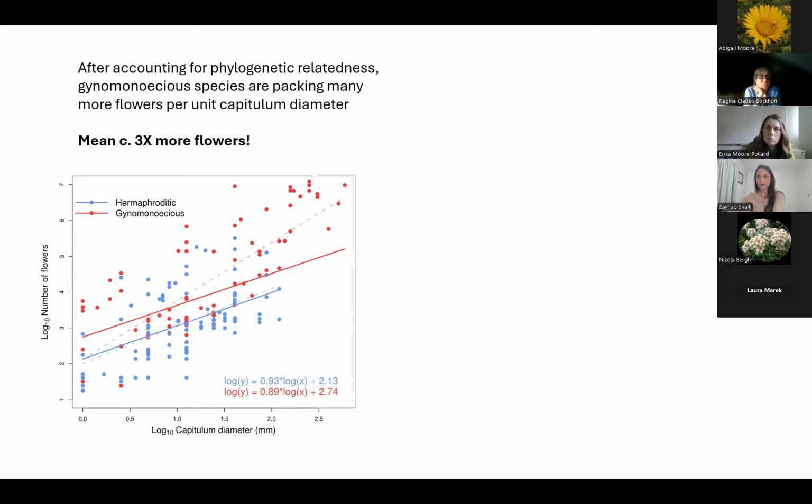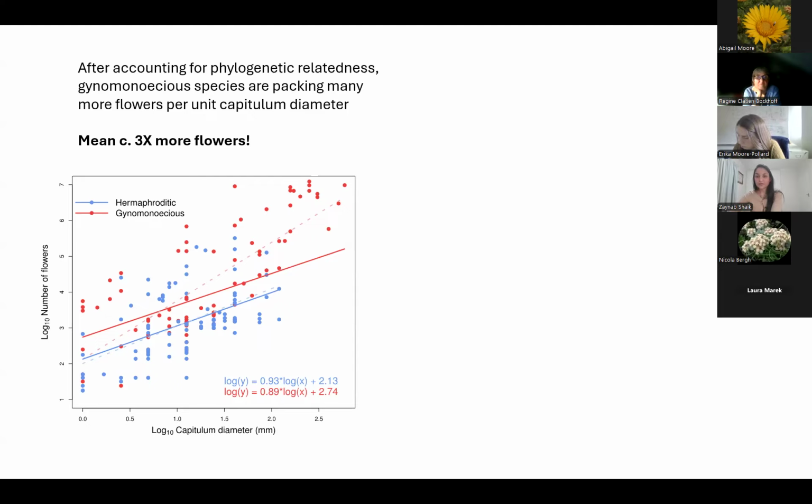This is really remarkable. Gynomonoecious species are packing, on average, 3 times more flowers into a capitulum of a given diameter. Now, our initial thought was that gynomonoecious species are achieving this by packing in very many more pistillate flowers at their periphery. The reason being that pistillate flowers lacking androecia are skinnier, they're thinner.